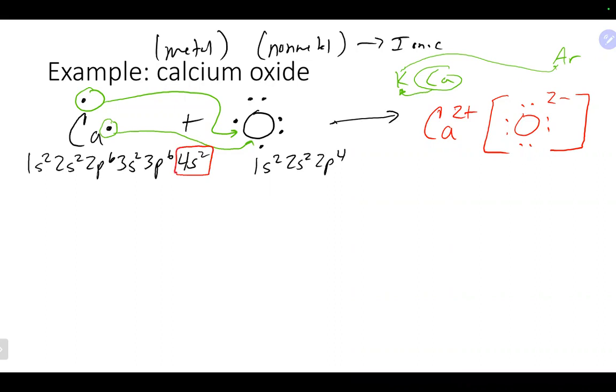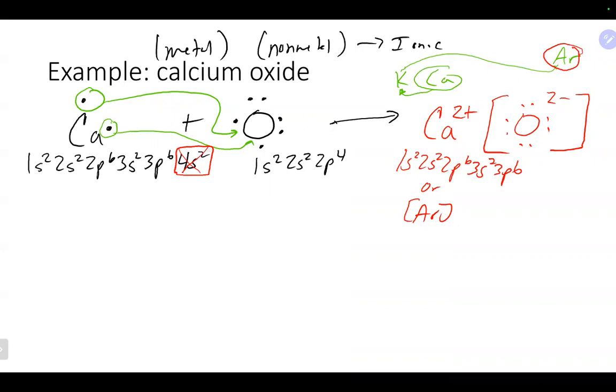gave away, which means when it gave it away on the other side, our calcium with the +2, 1s2, 2s2, 2p6, 3s2, 3p6, that's 18, is our good friend argon. So by giving away both electrons, it is able to achieve that noble gas configuration and be really happy.